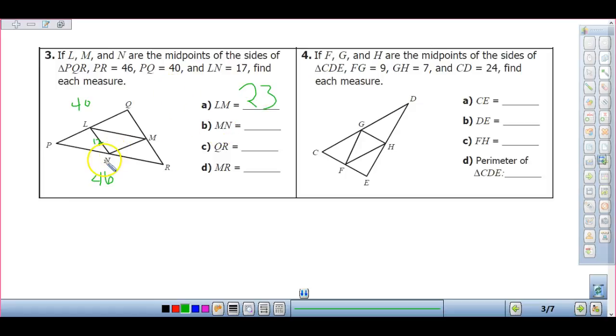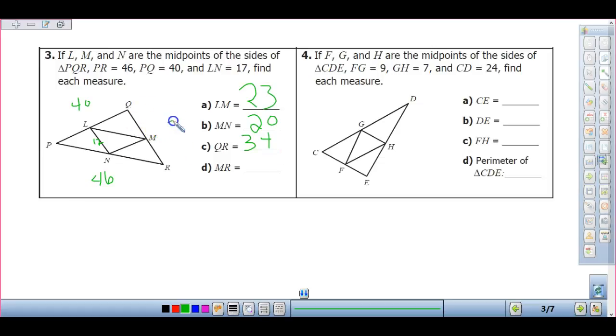Okay. MN is going to be half of PQ, because those two go together. So MN is going to be 20. QR is this side, and since I know LN, that's going to be twice, so that's going to be 34. I have to double my mid-segment to get that guy.